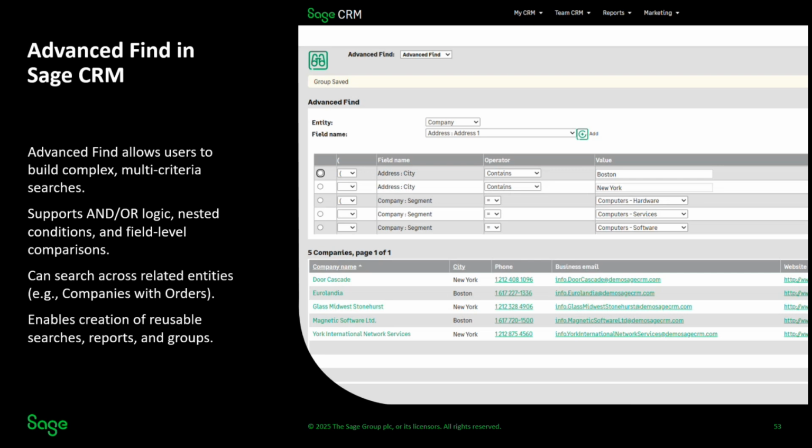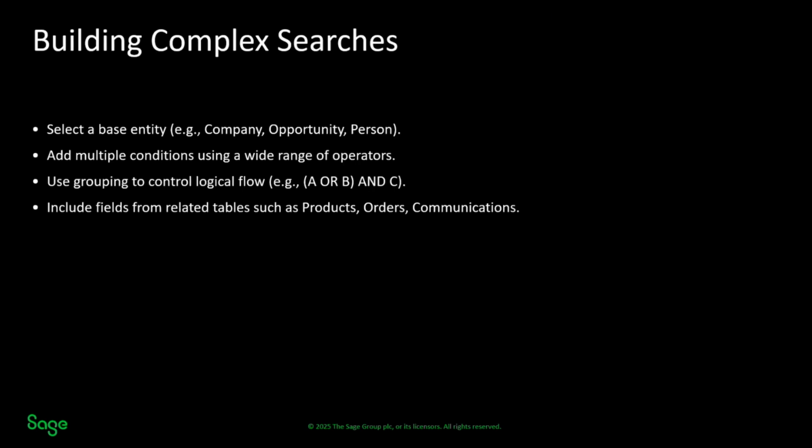We've seen how we can involve queries that touch more than one single entity, the idea that we are crossing the relationship there, and how we can create, using this concept of the advanced find, reports, not only saved searches, but also groups as well.